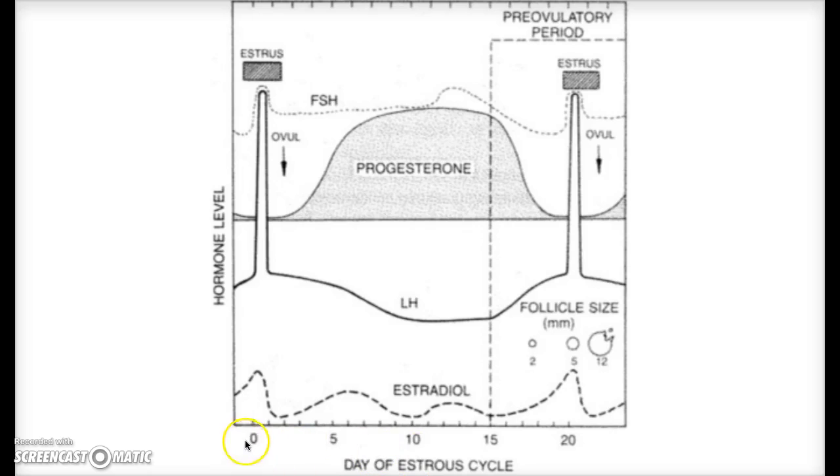After ovulation happens, so here's where ovulation happens, the cycle before. After ovulation happens, that's when you get the change in the function of the cells that are left behind in the follicle. And they keep secreting hormone, but instead of secreting estrogen, they're now going to switch over to secreting a large amount of progesterone.